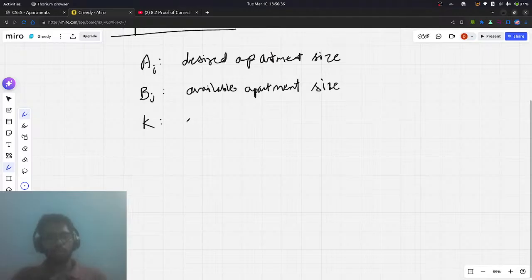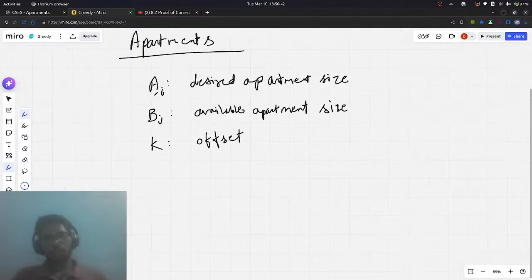So what this offset does is we can assign the ith person any one apartment which lies between this range. Okay.